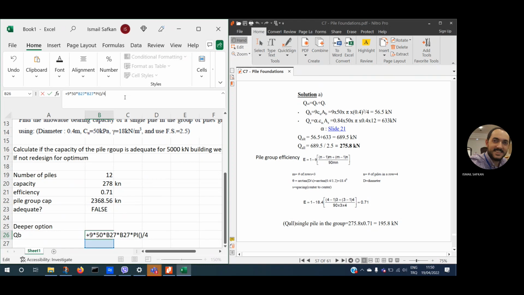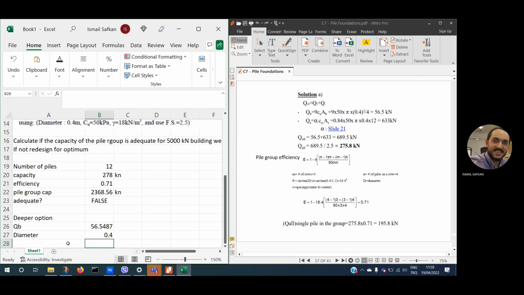Okay? Diameter, let's say 0.4. We kept that the same, and this is the kilonewton unit.